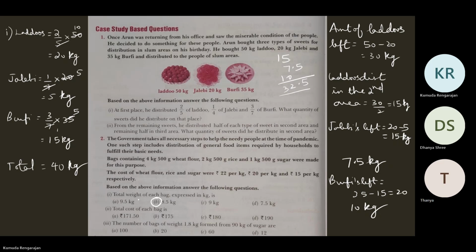A option. A, ma'am. Correct. Next one, the number of bags. Actually, I cannot understand the question. Ma'am, I got 50 bags, but there's no option. Okay.